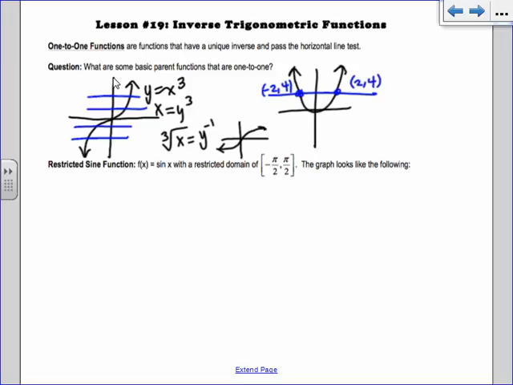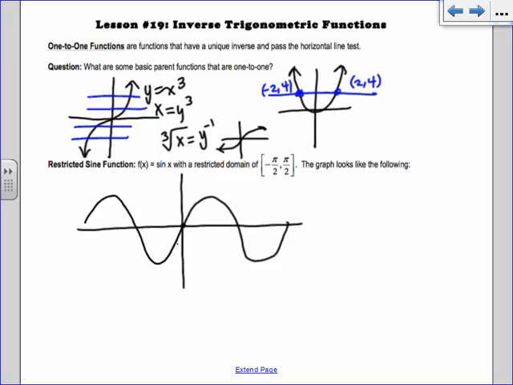So sine and cosine don't pass the vertical or the horizontal line test. So we need to think about portions of them that do. Okay, so if we sketch out sine, it starts at (0, 0), goes up and then down, right?